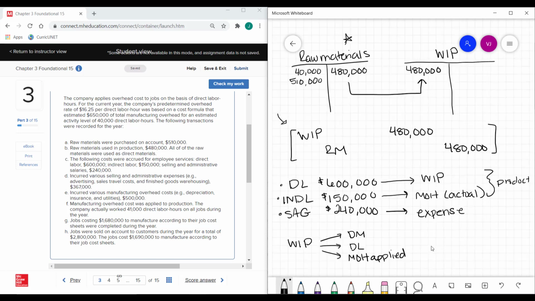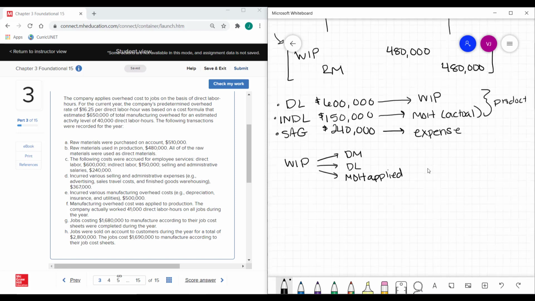Okay, so what they want us to do now is, what is the journal entry to record these labor costs that the company accrued and incurred? Okay, so we determined where they need to go, right? So the direct labor needs to be recorded in work in process. So we're going to debit work in process for $600,000.